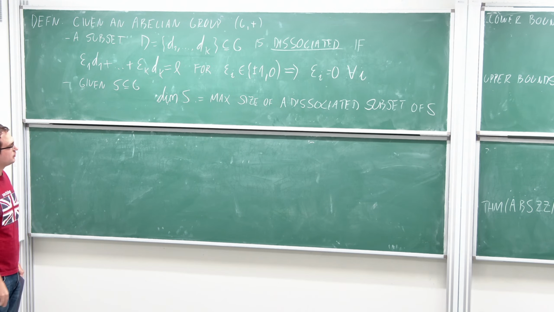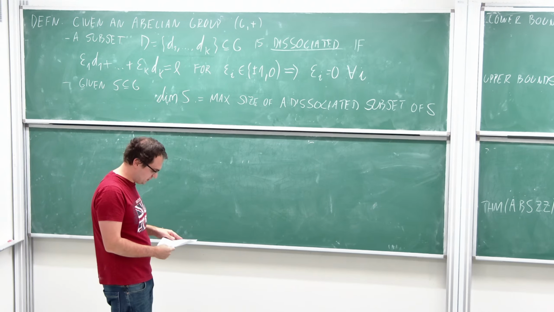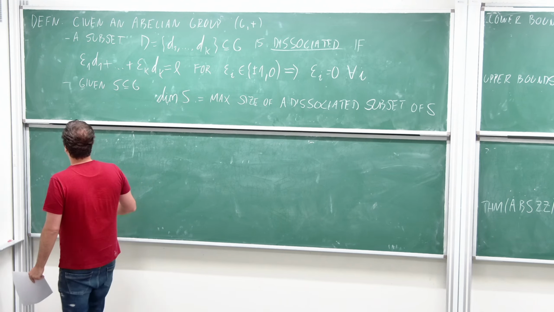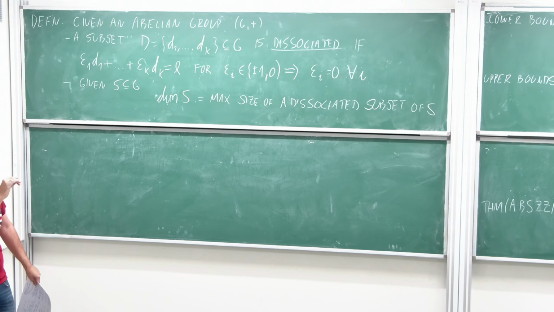So what does this have to do with the rainbow cycle problem? That's a very fair question. It turns out that you can use it to get some kind of reasonable control on the dimension of subsets.